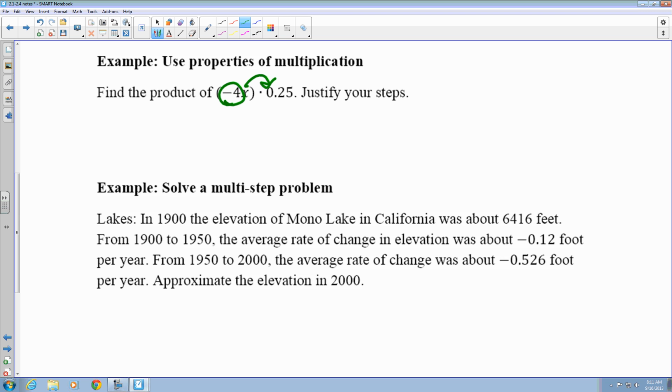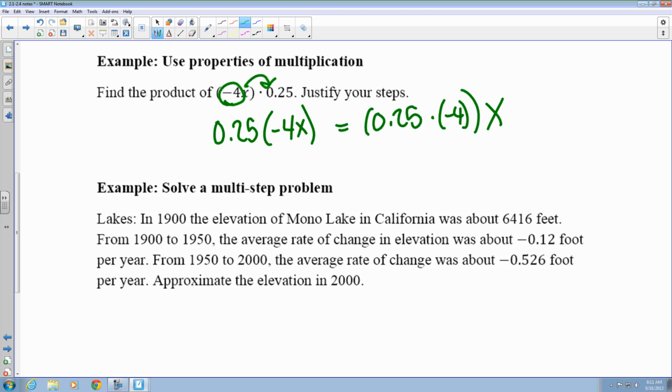So we can use the commutative property and move around the negative 4x to the other side of the 0.25, and then use the associative property to move our parentheses. Then 0.25 times negative 4 is negative 1 times x, which is negative x.